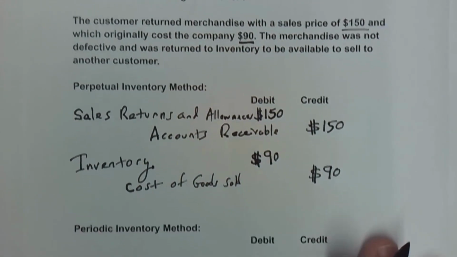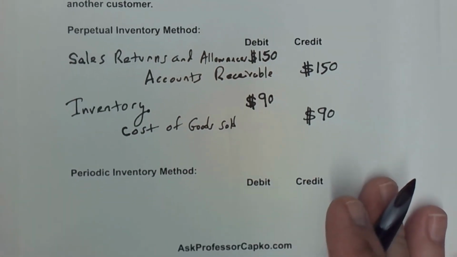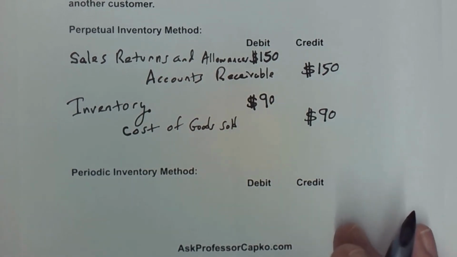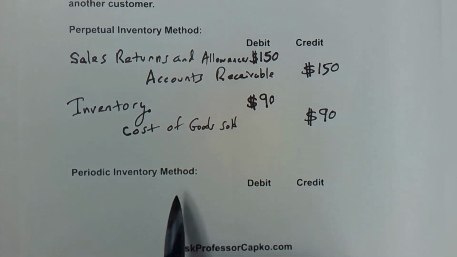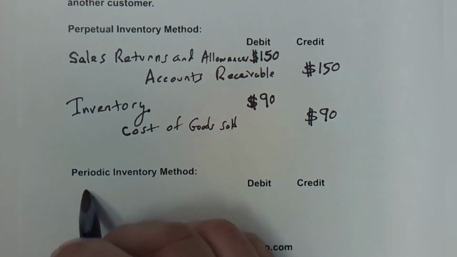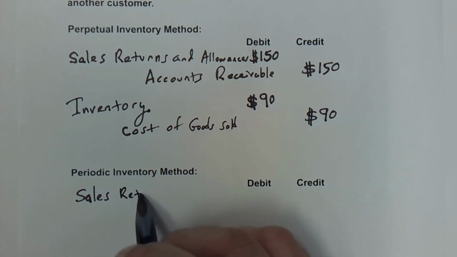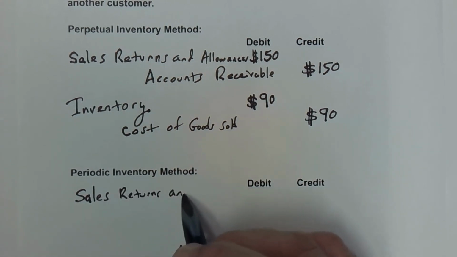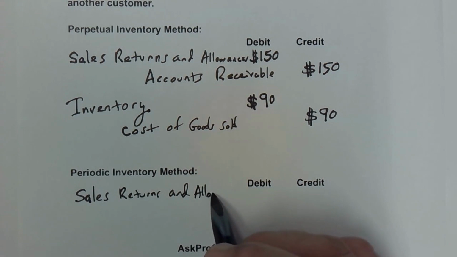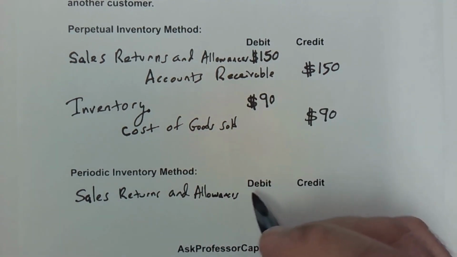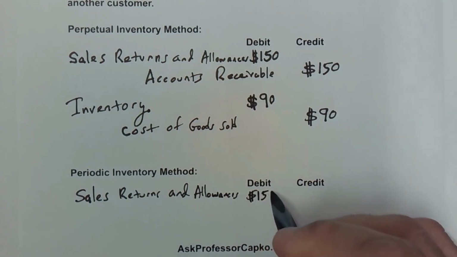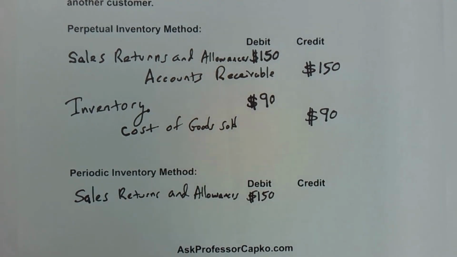Now, let's look at the periodic inventory method with the exact same facts. The customer is returning the item which cost $150, so we need to debit sales, returns, and allowances for the full $150 that it was sold to the customer for.